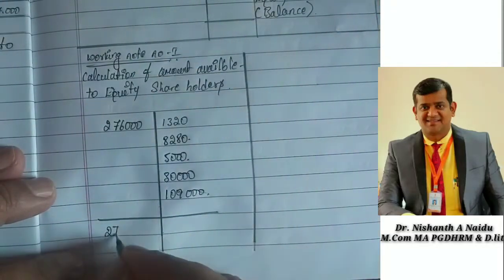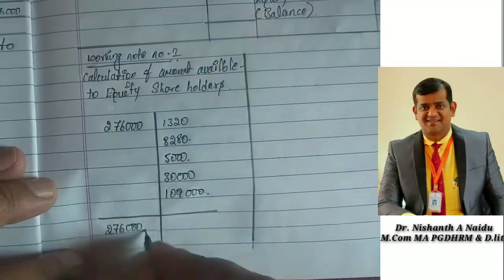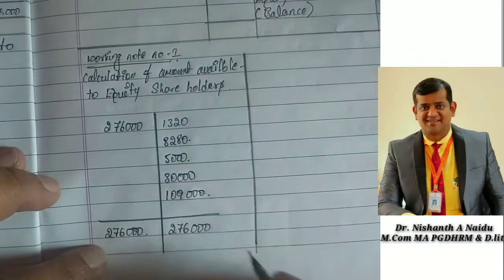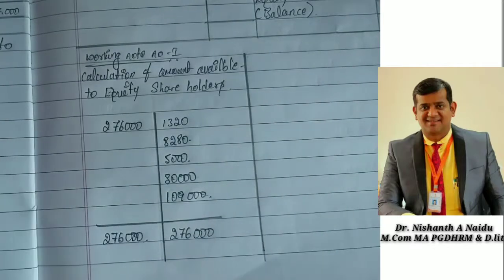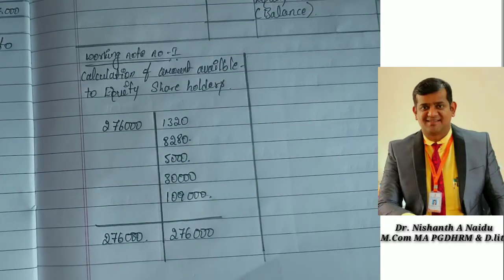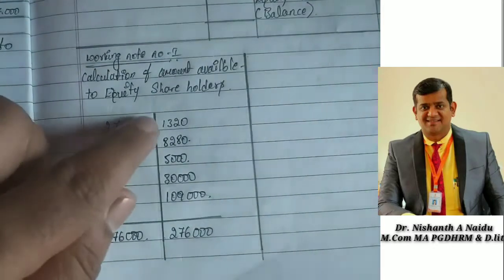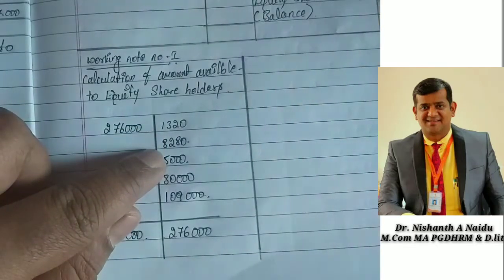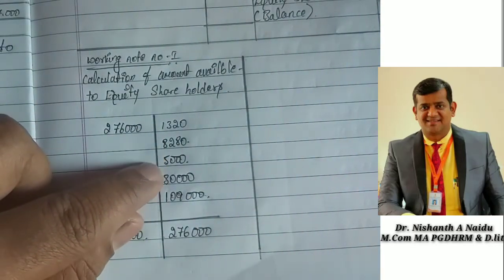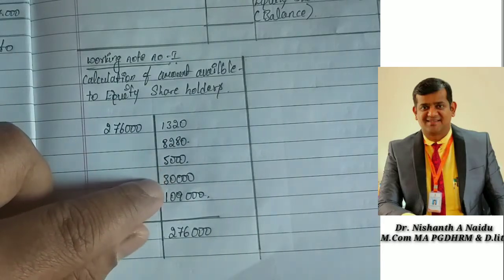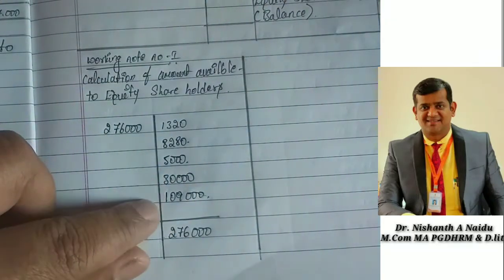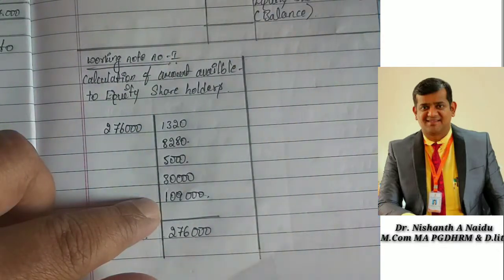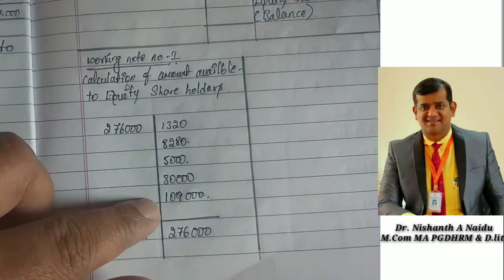So the total is 2,76,000. On both sides we should get 2,76,000. So 2,76,000 minus 1,320 minus 8,280 minus 5,000 minus 30,000 minus 1,09,000. If I deduct, I'm getting 1,22,400.